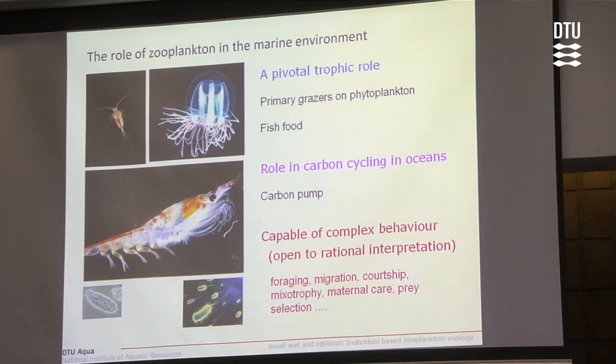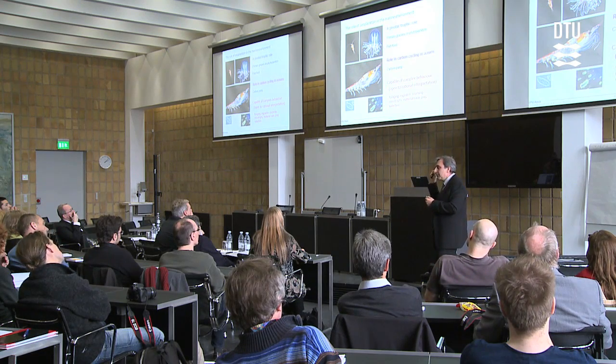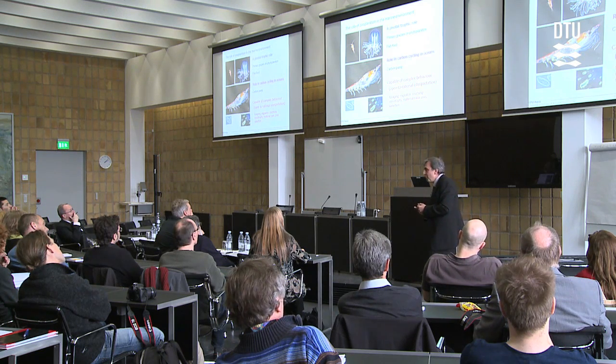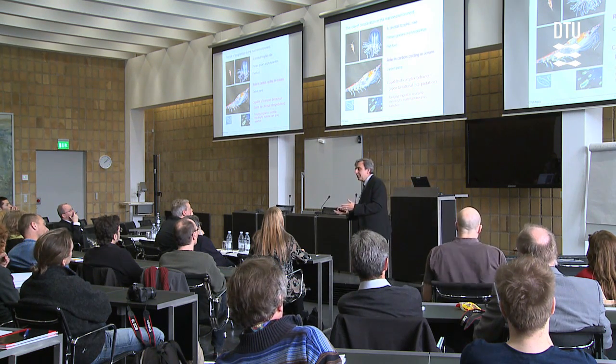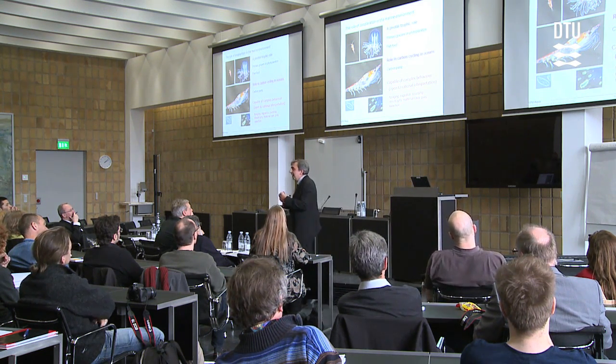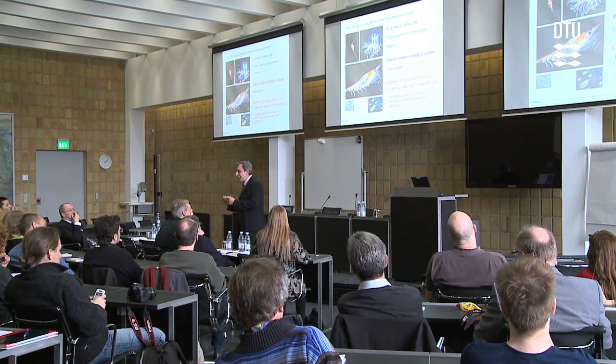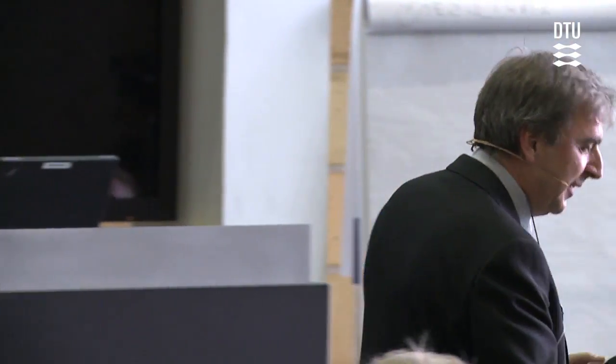And it is my contention that those sorts of complex behaviors are open to rational interpretation. I'm not meaning to say that zooplankton are rational thinkers. It's just that their behavior is open to rational interpretation, hence rational in the title of my thesis. And I hope to be able to explain to you precisely how that works.